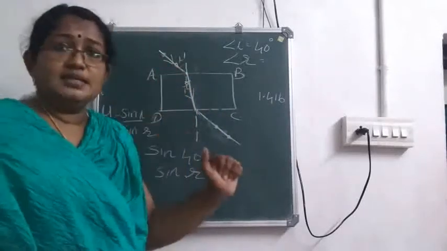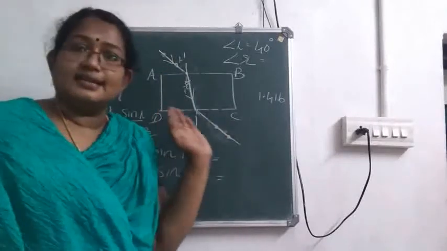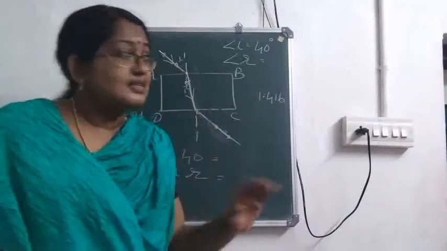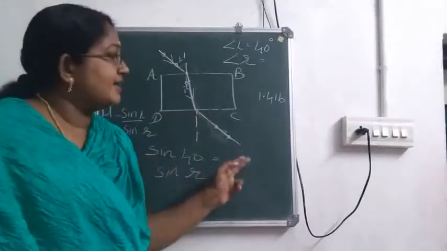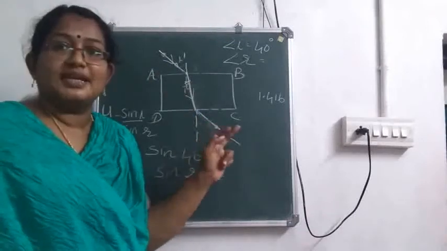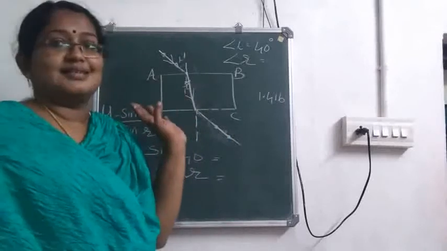Keep 2 pins. Then after that keep the rectangular glass slab in its place. Look from the other side. Take 2 more pins and keep them such that all the 4 pins come in the same straight line. Then remove the glass slab.